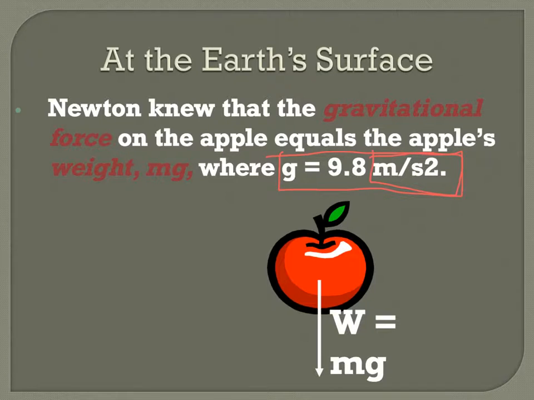Meters per second squared. Well, if you don't know, this is an acceleration. It's a number you need to remember. Don't write anything else down. Just write down this is the gravitational constant on the surface of Earth. This will be different if you go to different planets or different places in the solar system, or even if you go higher in Earth's atmosphere or beneath the crust. This may change. So this is only at the surface of the Earth.